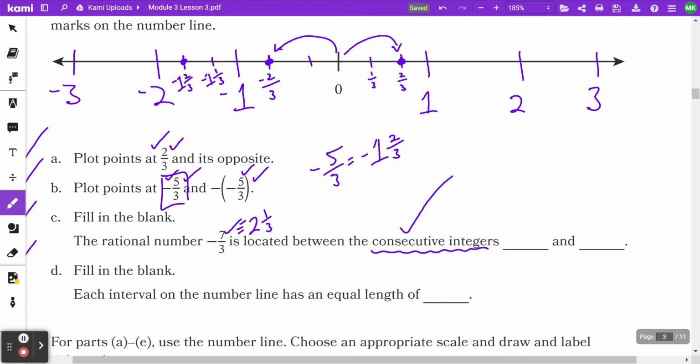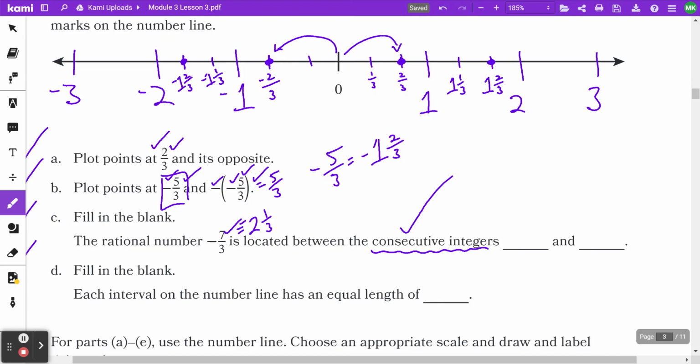There it is. So they want the opposite. So that's over here. And so this is going to be a +1 and 2/3 because this is a +1 and 1/3. So I'm going to plot that right there. So that's good. All right. So they want the opposite of that, right? So the opposite of that negative is going to be that +5/3.